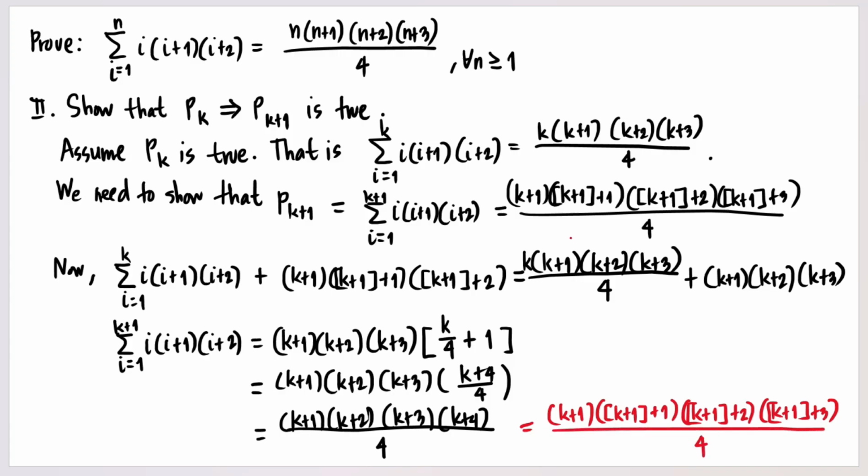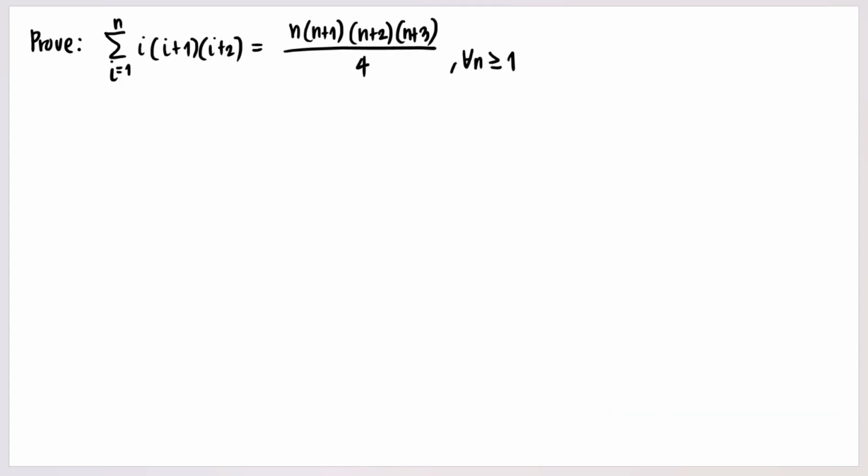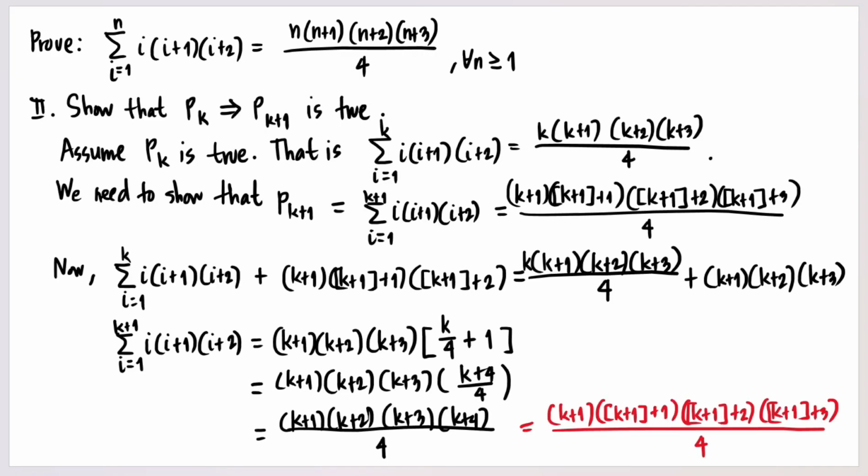So it looks exactly like that. So we have shown that this became this. We can now say that therefore Pk plus 1 is true.